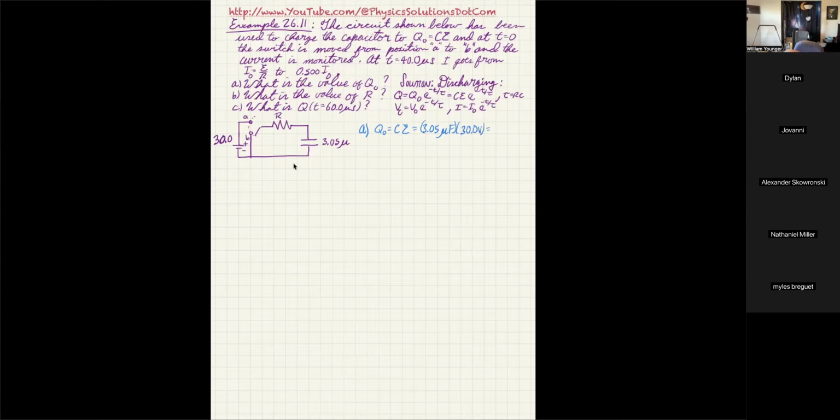So 30 times 3.05 gives me 91.5. And notice I didn't change the prefix, so that comes out as microcoulombs is equal to Q0. So I'll just circle that as my final answer.